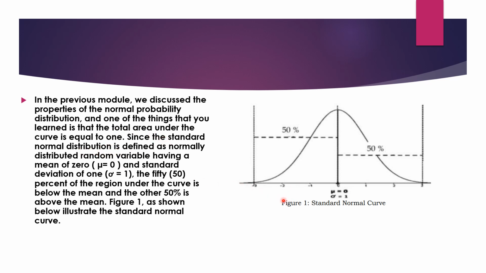Since the standard normal distribution is defined as a normally distributed random variable having a mean equal to 0 and a standard deviation equal to 1, 50% of the region under the curve is below the mean and 50% is above the mean, as shown in this given figure 1.